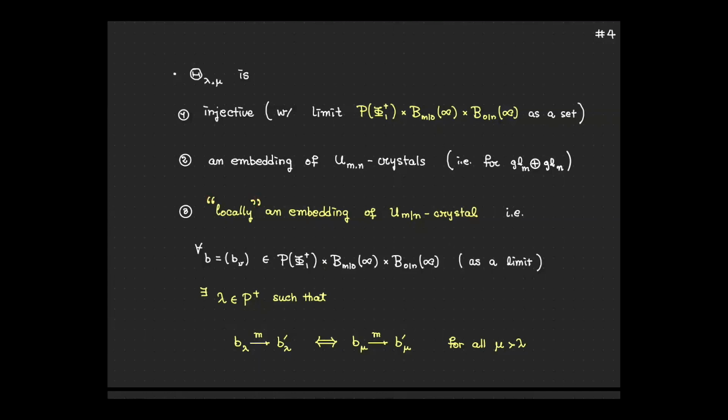That means, okay, we have a crystal Cas module. It becomes bigger and bigger if we take the limit of the dominant weights for the even part, so it has a limit. If we pick up some elements in the limit, then we can apply the other crystal operators. And actually we want that operator to be compatible with the injective map in the direct system, but it is not true in general.